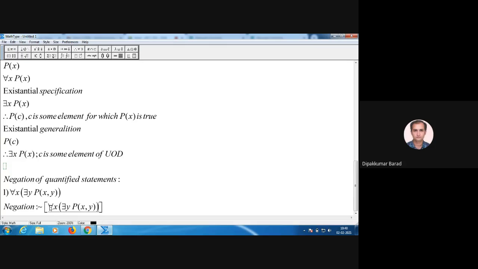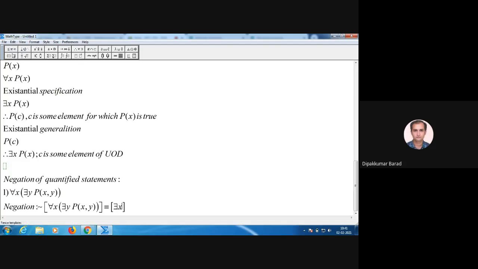Now, which is equivalent to what? Can anyone say which is equivalent to? Negating for all x, we get there exists x. So first I get there exists x.